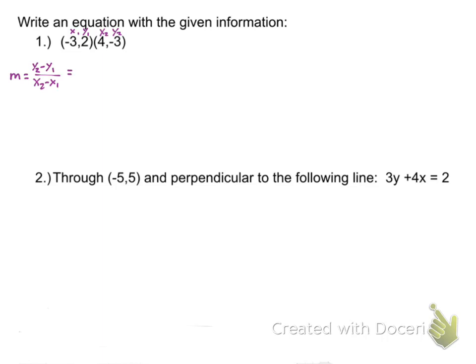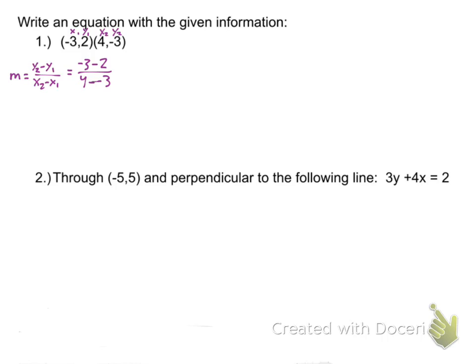What is y2? Negative 3, minus y1, 2, over x2, 4, minus negative 3. What happens when you subtract a negative? Positive. Becomes positive, correct.